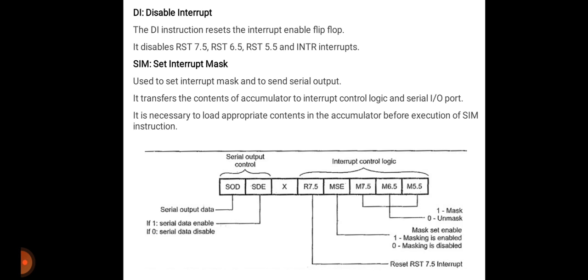Bit 4 is used to reset the RST 7.5 request regardless of whether or not RST 7.5 is masked. Bit 5 is don't care. Bit 6 enables the serial output if it is set. Bit 7 decides the data to be sent on the serial output pin of the 8085. This is all about SIM, set interrupt mask.